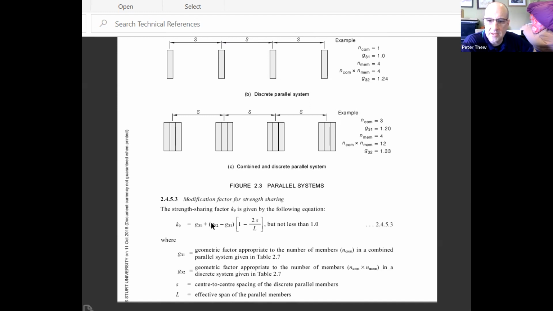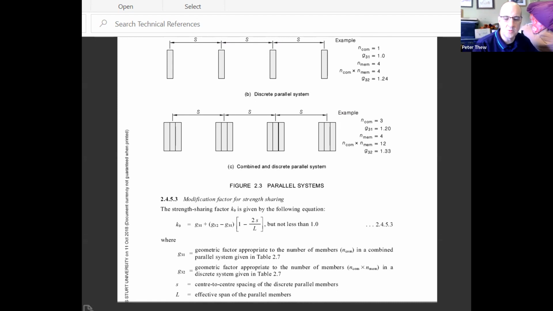So it's 1 plus 1.33 minus 1, multiplied by 1 minus, and now we've got to find our S and L. So S is the center-to-center spacing of the discrete parallel members, and L is the effective span of the parallel members. So let's take the example above your scene's head again. The spacing between them looks to me to be about 100 millimeters, maybe 150 mil.